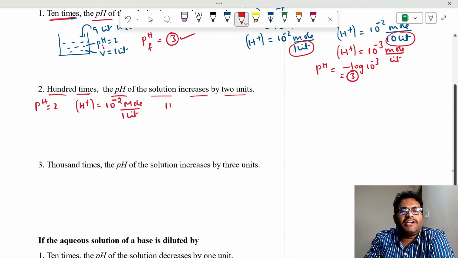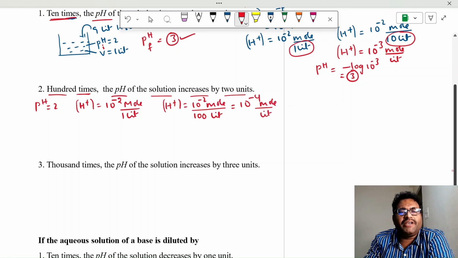If it is diluted 100 times, 100 times means 100 liters. What will it become? It becomes 10 power minus 4 moles per liter.